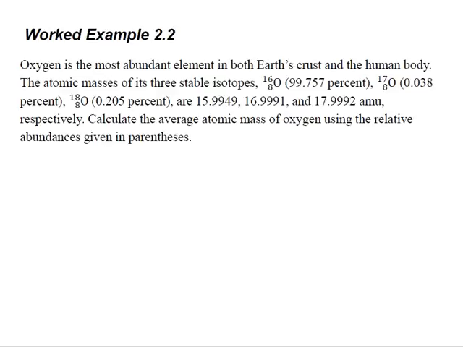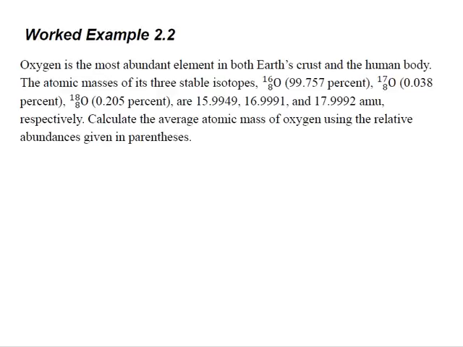Alright, so now for a second worked example. Let's just read this. Oxygen is the most abundant element in both the Earth's crust and the human body. The atomic masses of its 3 stable isotopes, again, isotopes only differ based upon their number of neutrons, oxygen 16, oxygen 17, and oxygen 18, are given, and it lists those in AMUs, which is atomic mass units.